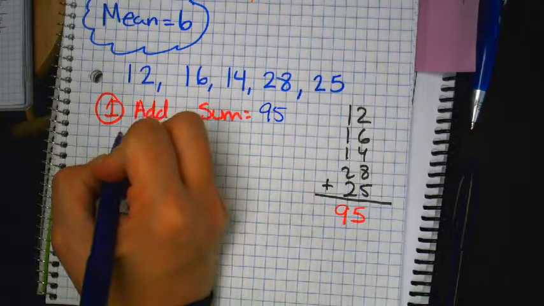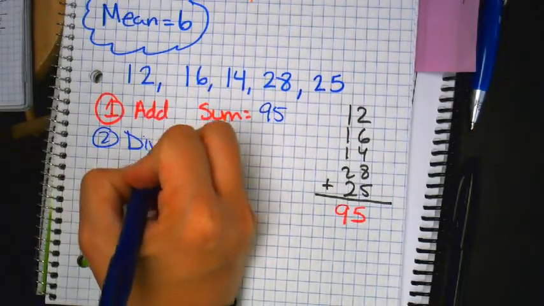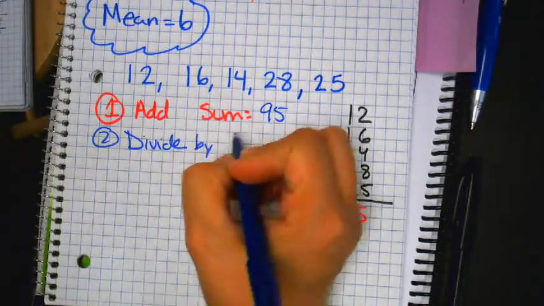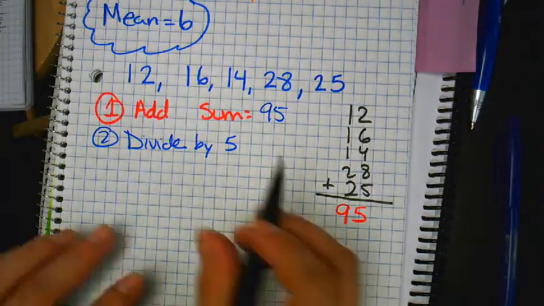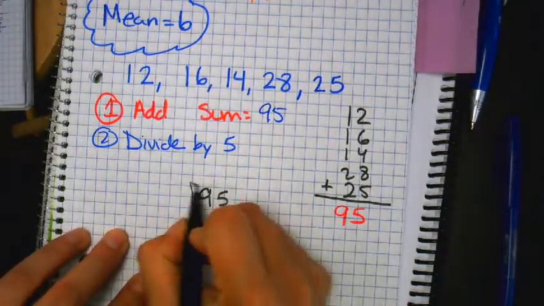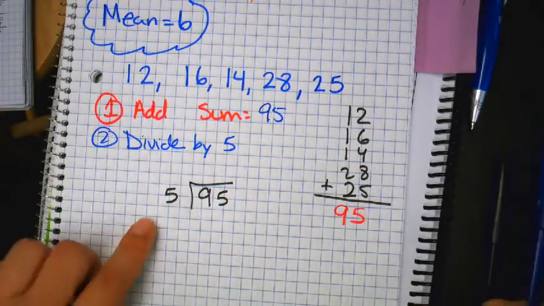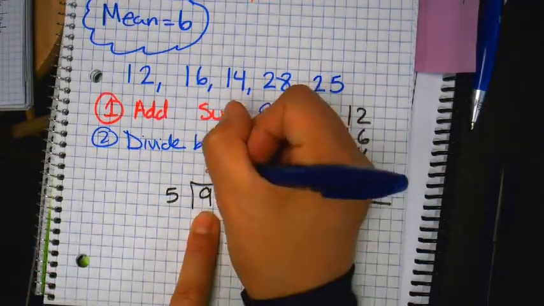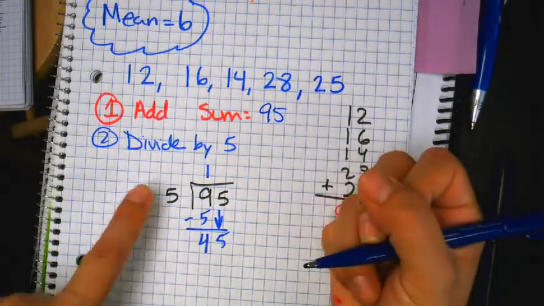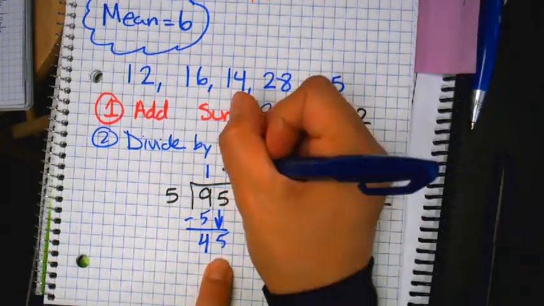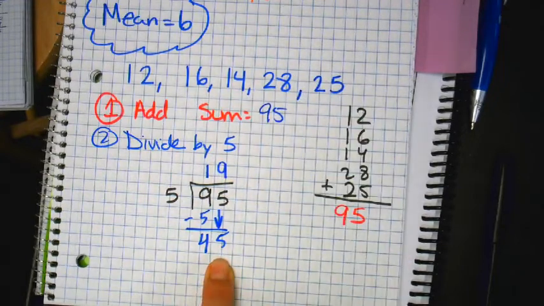Now we're going to divide by how many? 5, because that's my favorite number. It's just because it's easy to divide by 5. That's why I like 5 numbers. Okay, how many times is 5 going into 9? 1, remainder 4. Bring down the 5. How many times is 5 going into 45? 9, right?